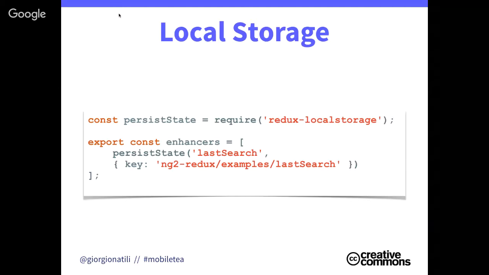Well, Redux also gives you an interesting plugin, Redux local storage, that allows you, with these 3 lines of code, just because the screen is too small, it's a single line of code if you think about it, to save this field of my application state into this local storage key. Automatically, the last search property of your application state is updated for you.